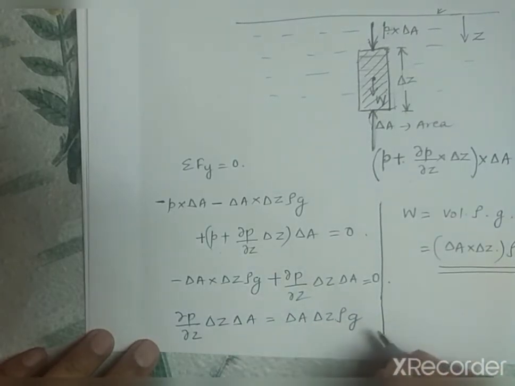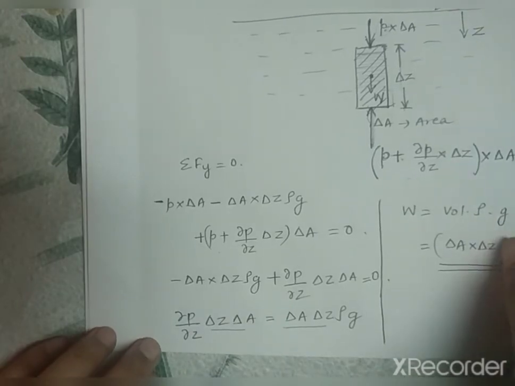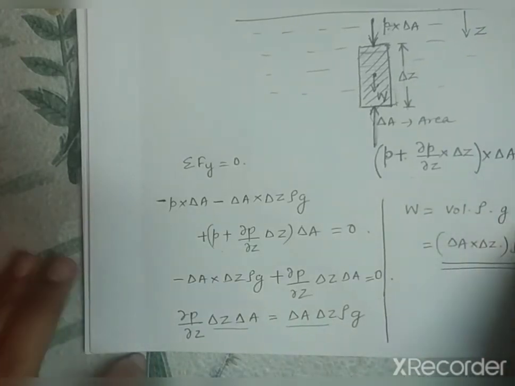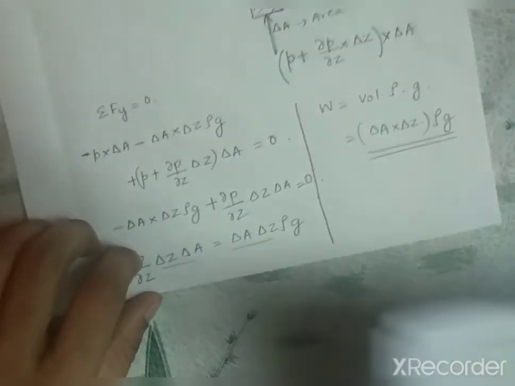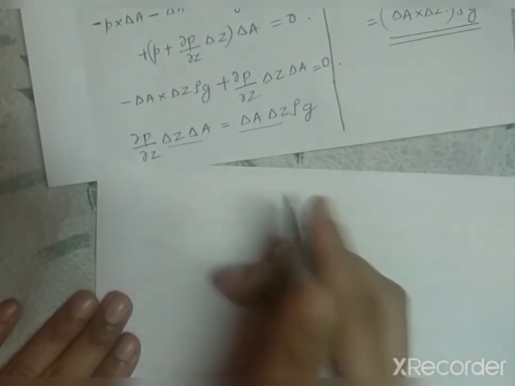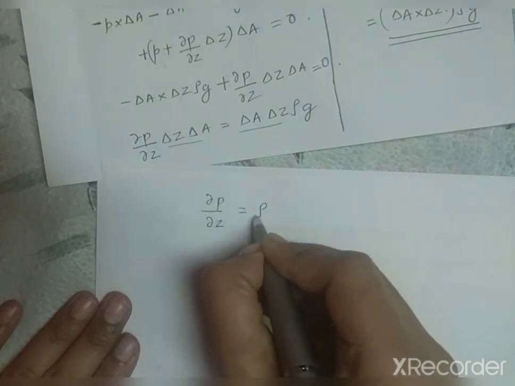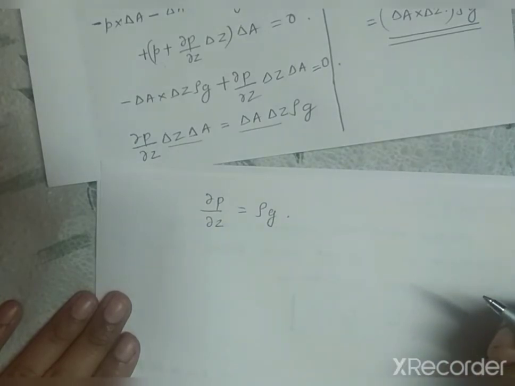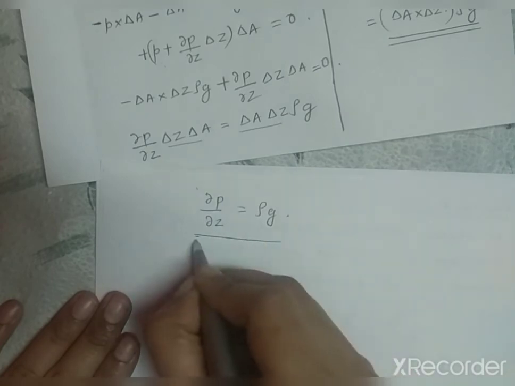Cancelling the common terms, the final equation becomes dou P by dou Z is equal to rho into g.